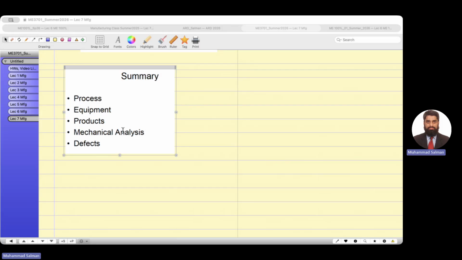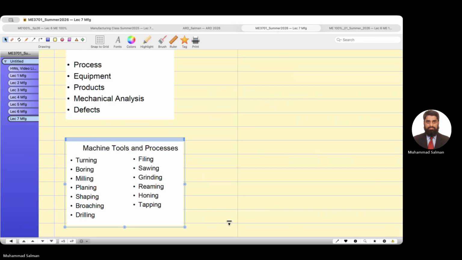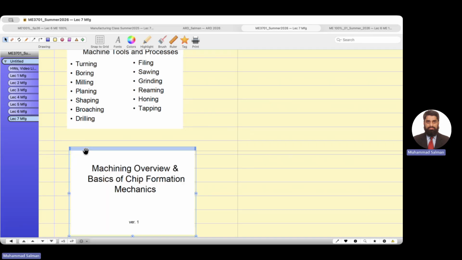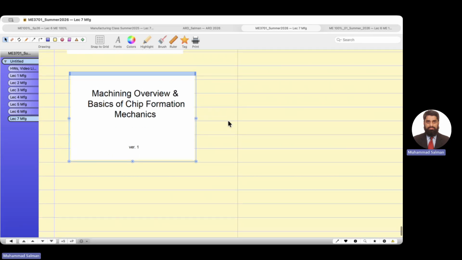Lathe machine is, let me bring it inside my handouts. These are the processes you can perform on the lathe machine. So let me start from here one by one. Our machining slides.